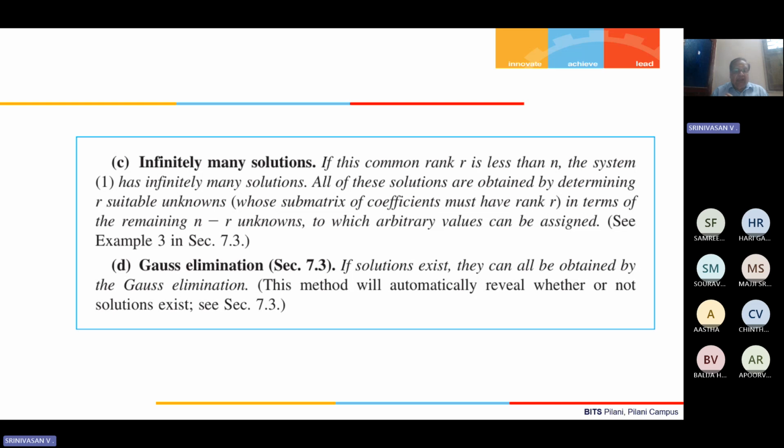It is unique if rank of A equals rank of AB equals n, where n stands for the number of unknowns. If they are equal, consistent, but less than n, then the system has infinitely many solutions. That means one will be written in terms of the other. Whatever value you give for the independent variable, you get a different value for the dependent variable, so you can generate as many solutions as possible. That's what we mean by infinitely many solutions.